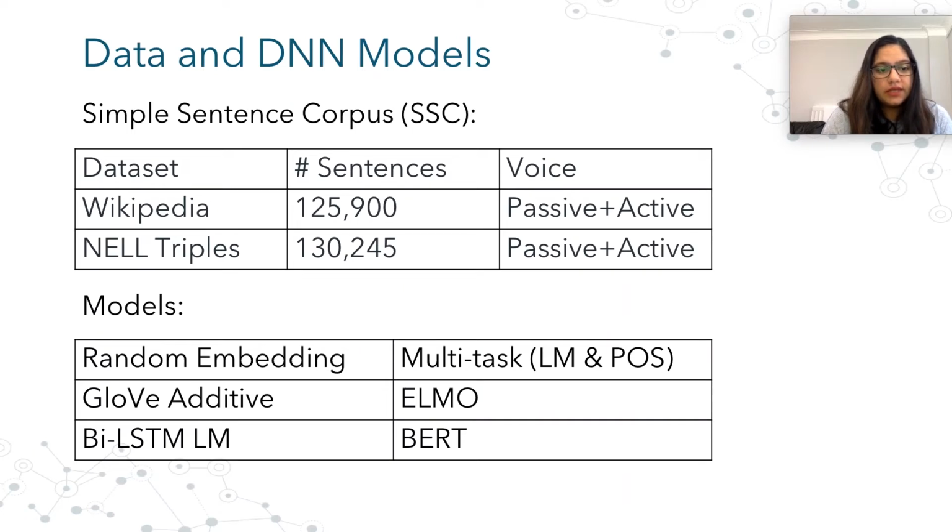A third model is a 2-layer BiLSTM language model, which is trained on the simple sentence corpus. A fourth model is a multitask language model, which also predicts the POS tag for a given word. This again is trained on the simple sentence corpus. We also compare the brain activity with state-of-the-art models ELMo and BERT.